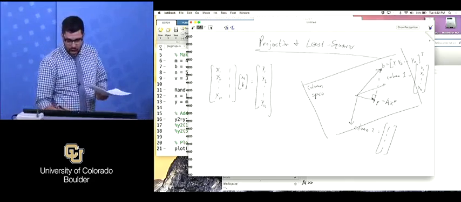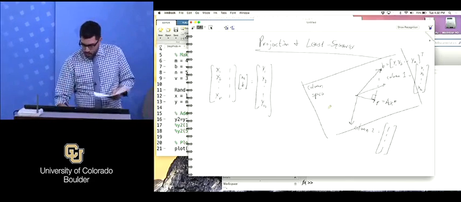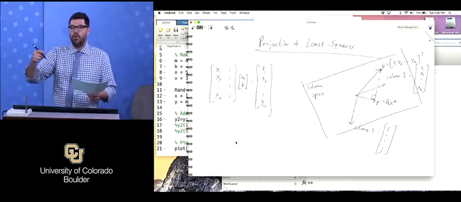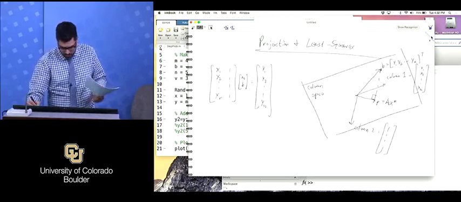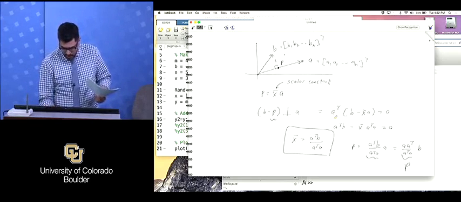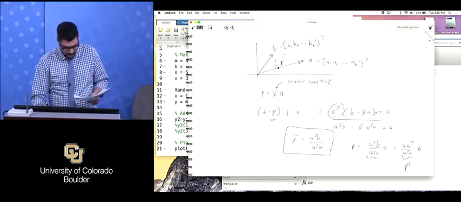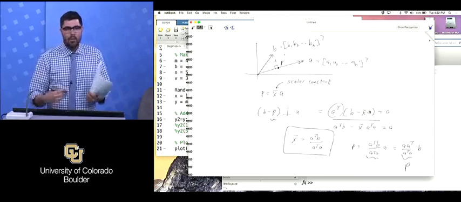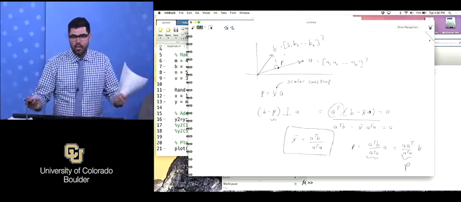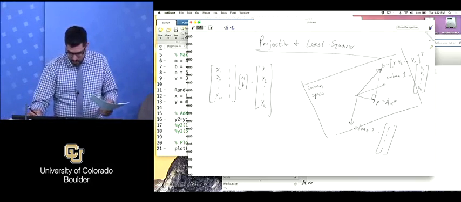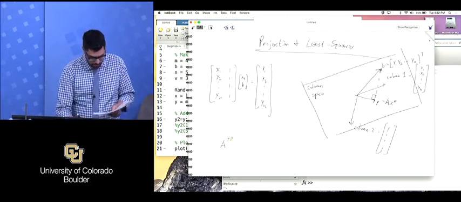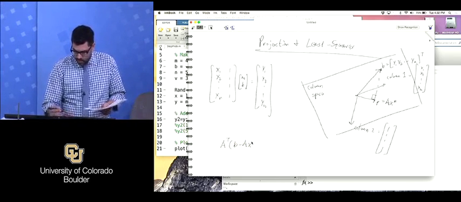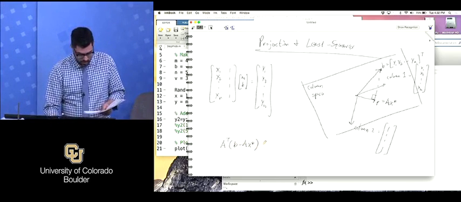Okay? And my column space is defined by A. So it's the same as before. I had A transpose, B minus X hat A. I'm going to write it the same way, but with more vectors in A rather than just one. So now I'm going to write it as A transpose times B minus A X star equals 0.